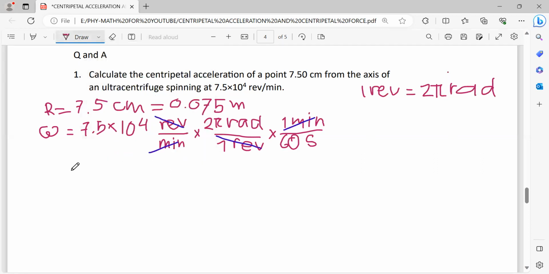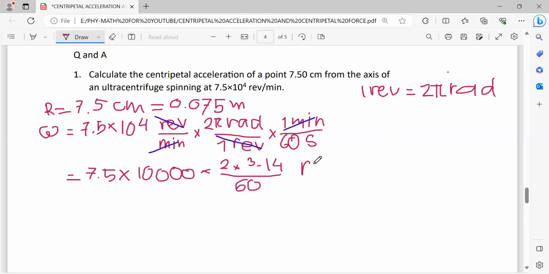Okay, let's continue. So it's going to be 7.5 times 10,000, because 10 to the power 4, times 2 pi, or 2 times 3.14, because pi equals 3.14, over 60 radians per second.